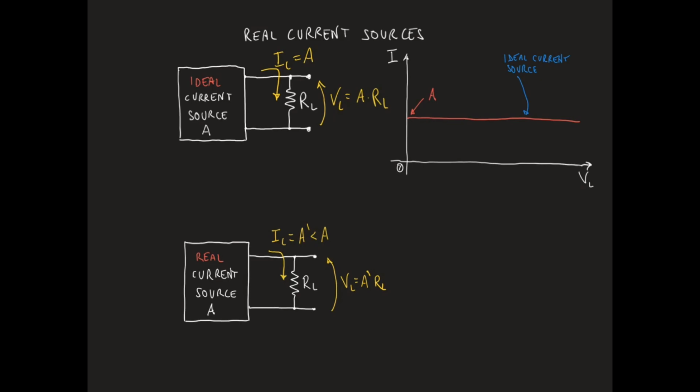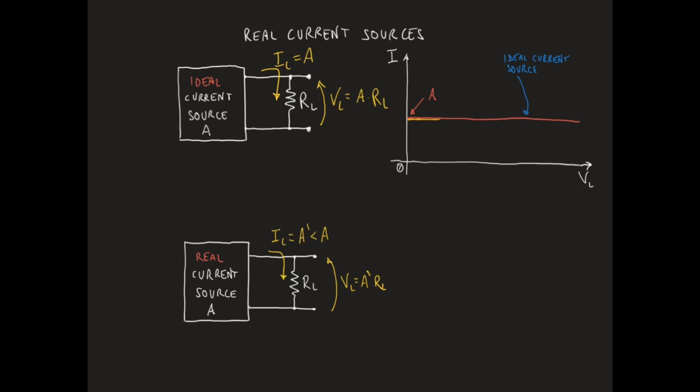In general, for a real current source, the larger the voltage across the load, the smaller the current that the current source can force into the load. So, when the voltage across the load is zero, which corresponds to short circuit condition, the current forced by the real source into the load is equal to A, as in the case of the ideal current source.